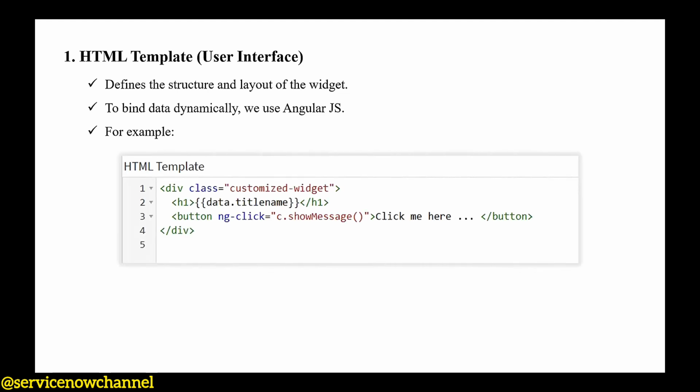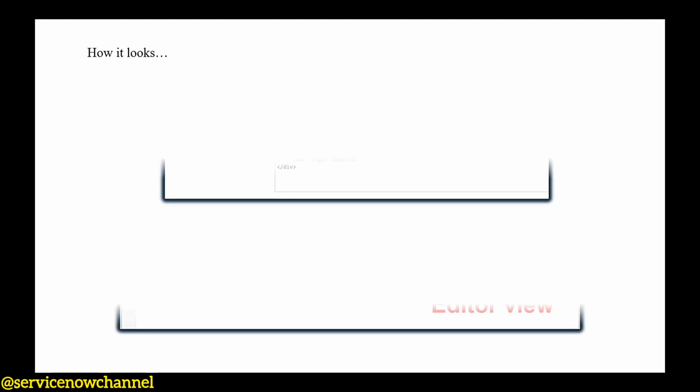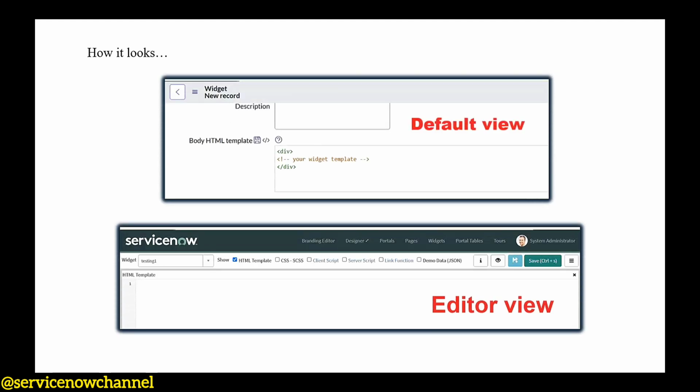Here is an example: if you open the widget, you can see the HTML template section, where we can define some HTML. Let's see how it looks. The first one is the default view, and the second one is the editor view.